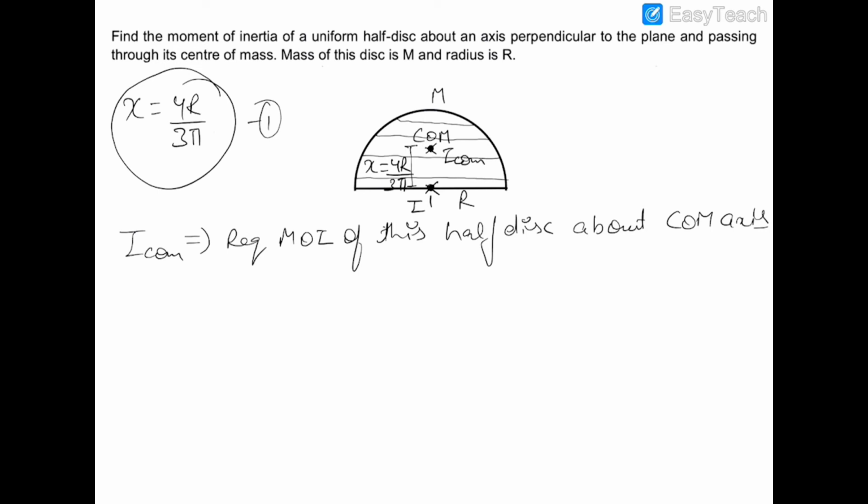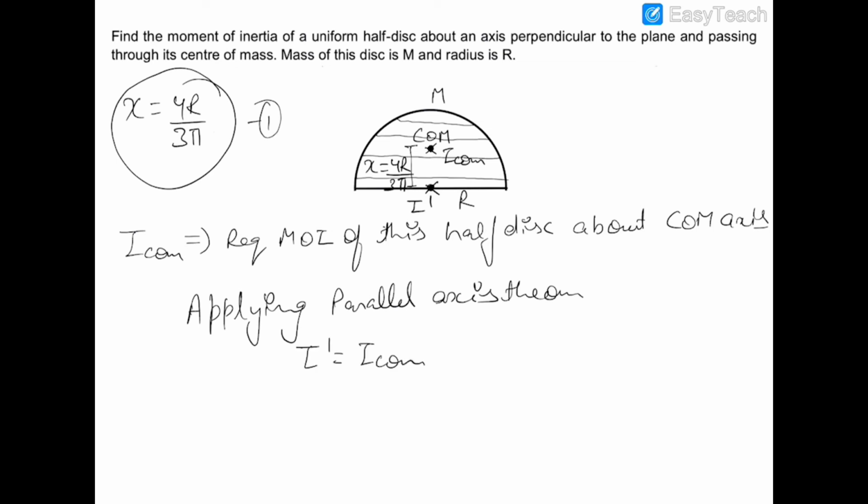So applying the parallel axis theorem, I dash would be equal to ICOM plus m into x square. Now the required variable is ICOM, so ICOM is equal to I dash minus mx square.